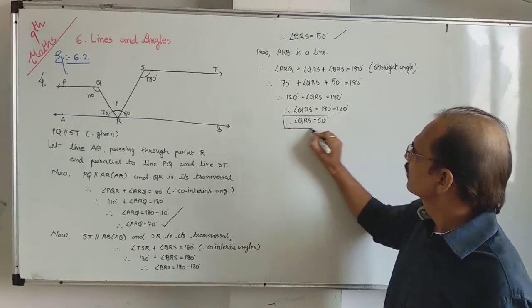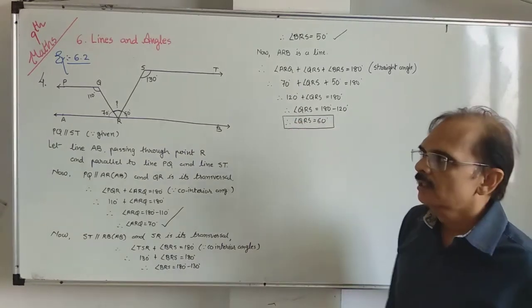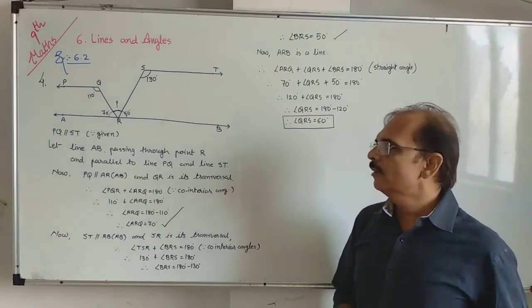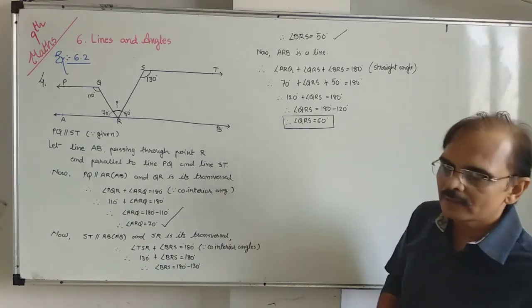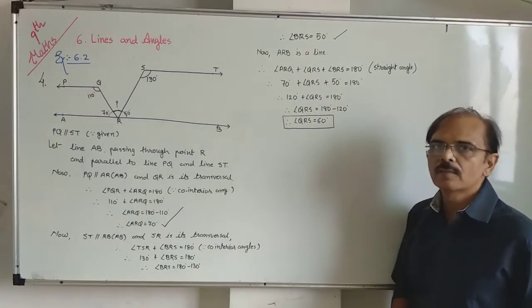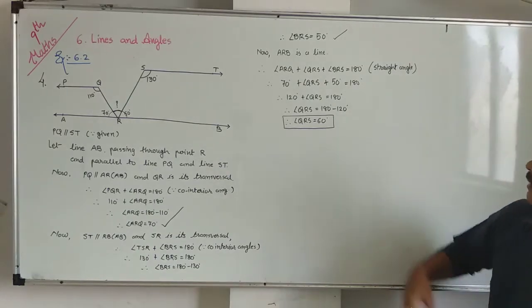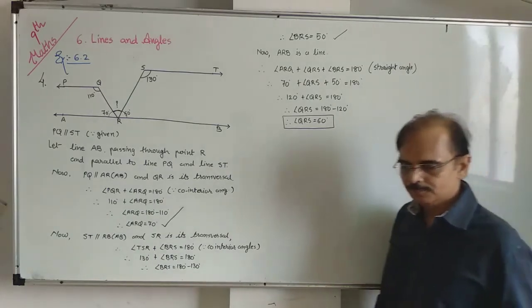This is your answer. Once you suppose line AB parallel to PQ and ST, you will get it very easily by applying co-interior angles and straight line.